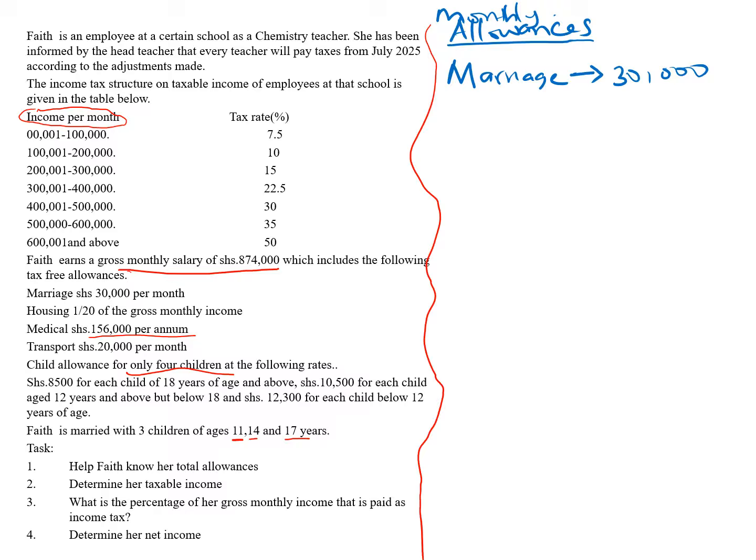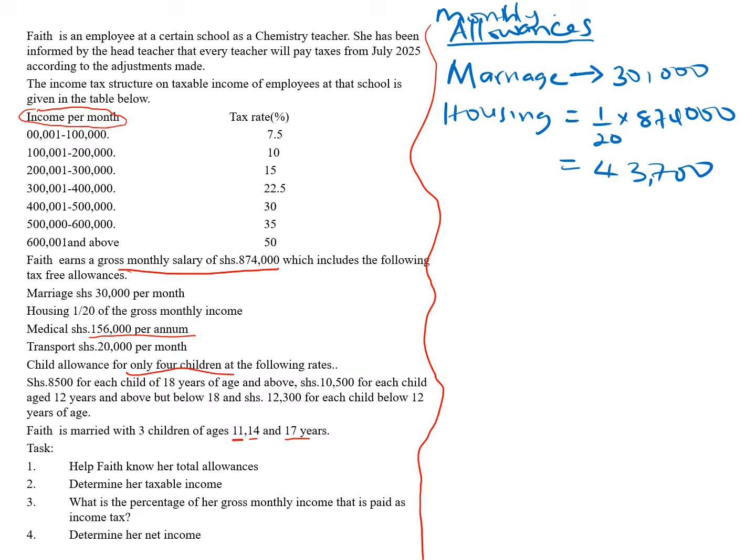So here we shall have marriage, which is 30,000. Then also I have housing, which is 1 out of 20 times 874,000. Then here the answer is 4,700. That is housing.